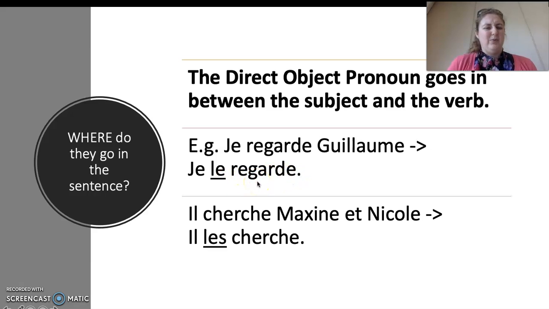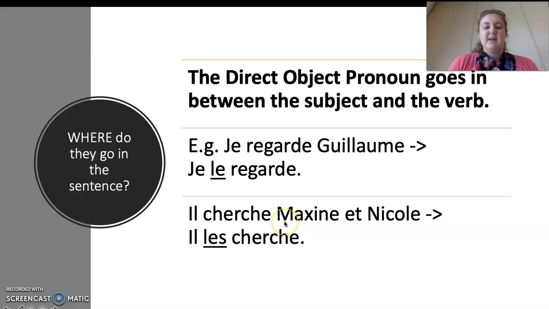What about when there's more than one person, though? Does that make it a bit trickier? Not really. Let's have a look. Our next one, Il cherche Maxime et Nicole. He is looking for Maxime and Nicole. Here we have our subject, il, our verb, cherche, and then Maxime et Nicole.